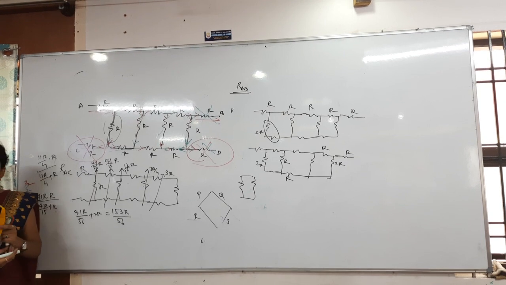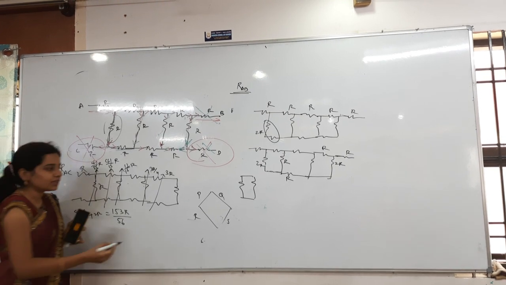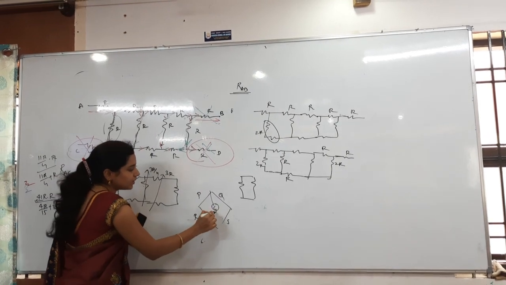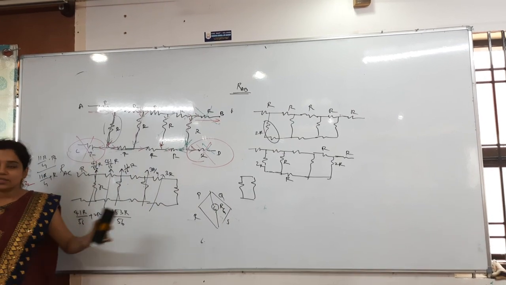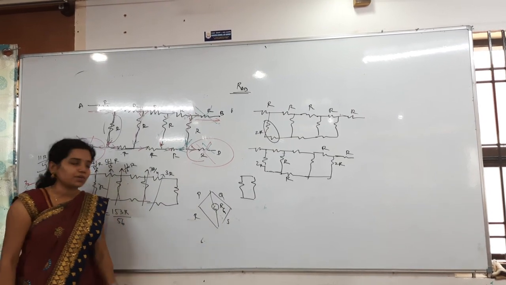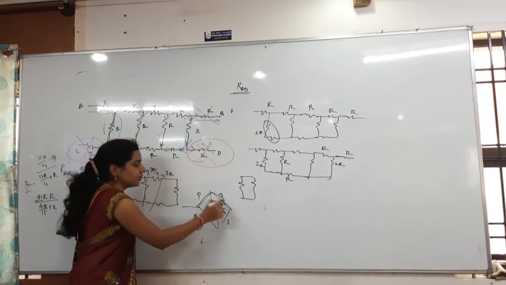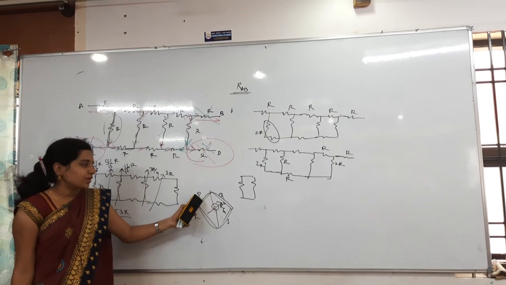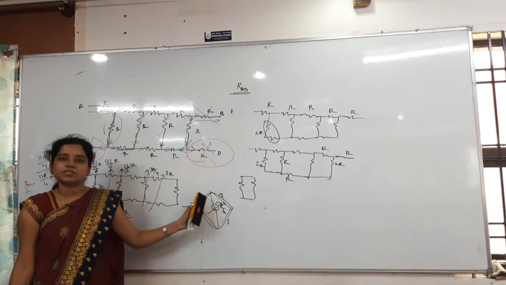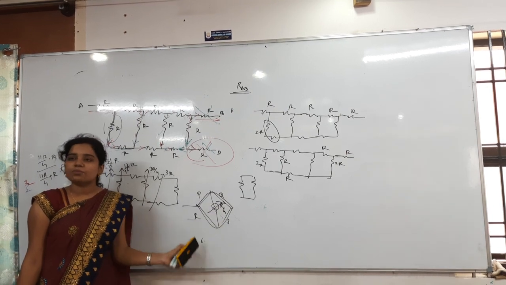Whenever it is balanced, at that time the current shown is how much? 0. Where will it be shown? Galvanometer. The galvanometer is in between and will also have some resistance, Rg. In that the current shown is 0. There is no current entering in this. Directly the current is going in this way and then in this way. So these two are becoming in which combination? Series. These two are also becoming series only.